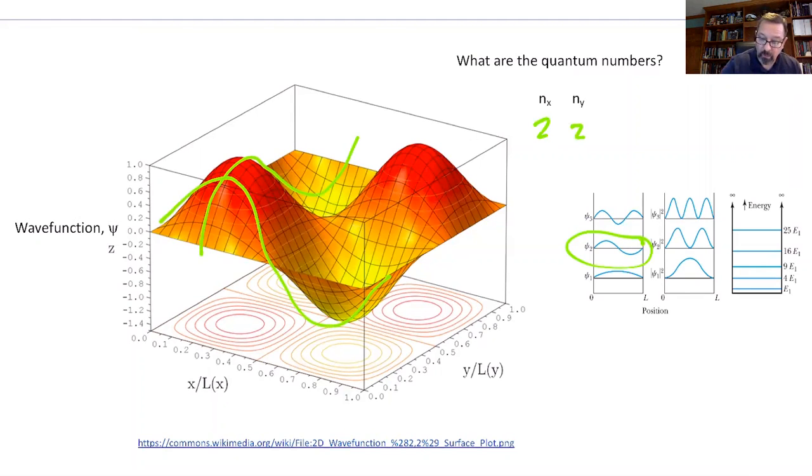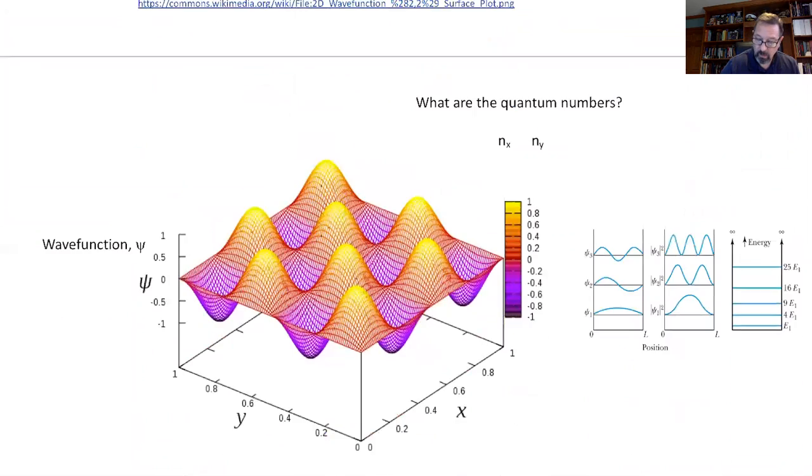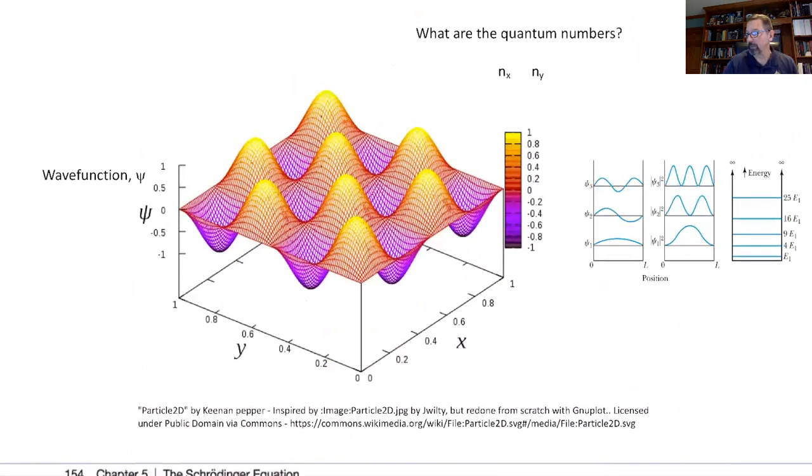Here's the next one. Let's start doing some counting here. It's symmetric, so the two indices are going to be the same. Is it 1, 1, 2, 2, 3, 3, or 4, 4? Or 5, 5?